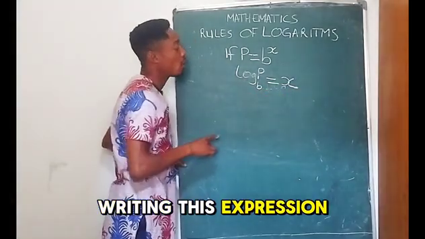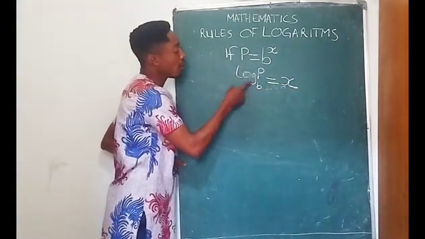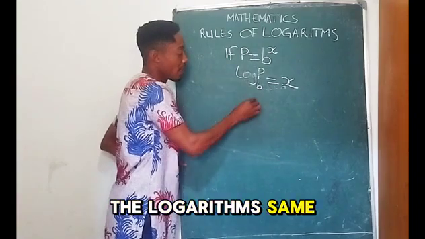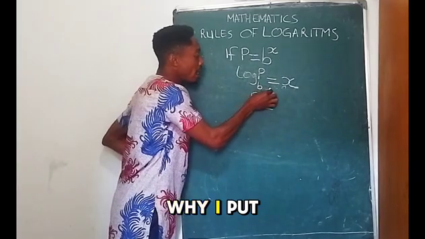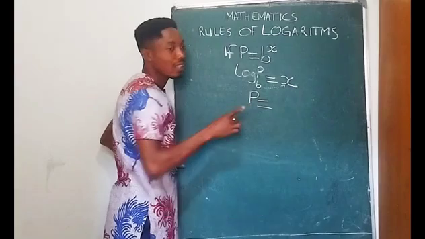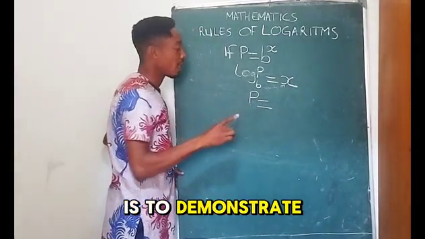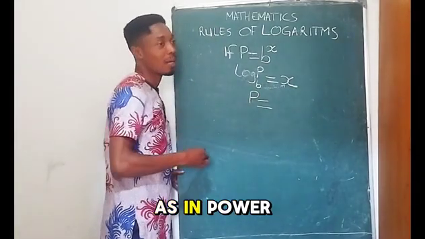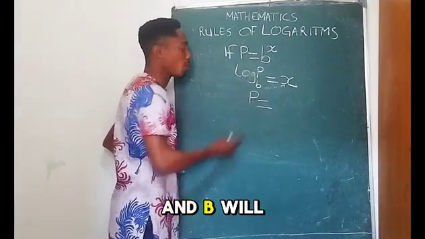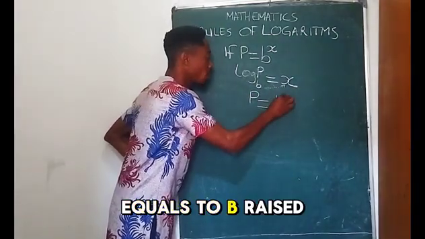writing this expression without the logarithm is the same as saying that p is equal to, why I put this phrase is to demonstrate that b will now carry x as a power. X will become the exponent and b will become the base. Alright, so this is equal to b raised to power x.